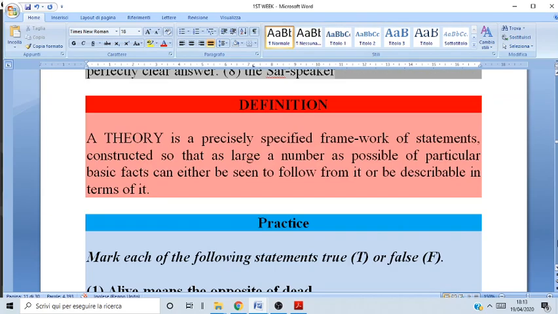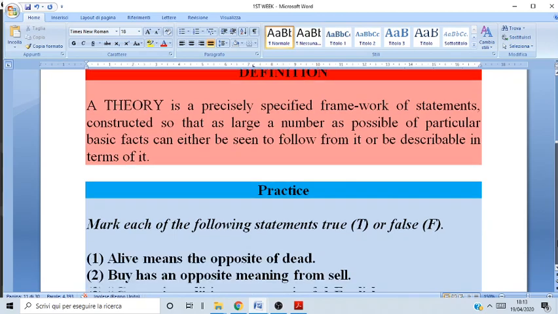Then we looked at the definition of theory, okay? That is a framework of statements that allows basic facts to either follow from it or be describable by it.